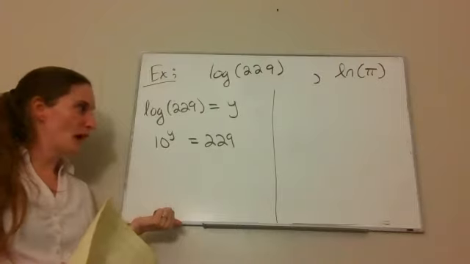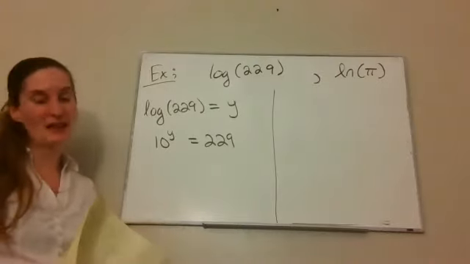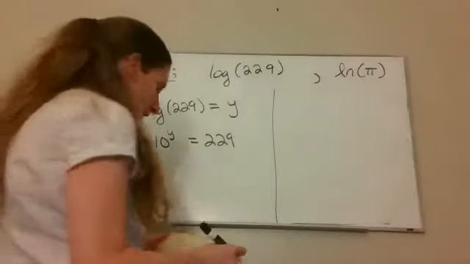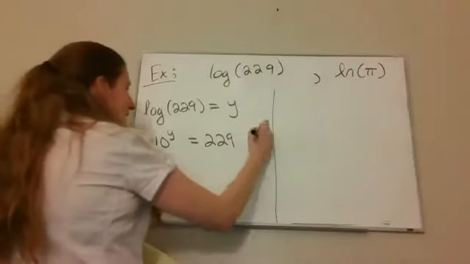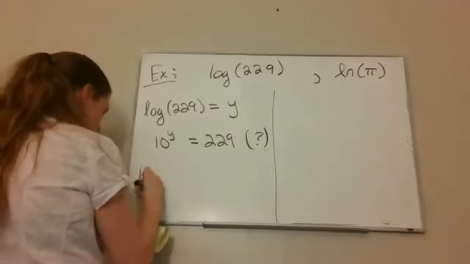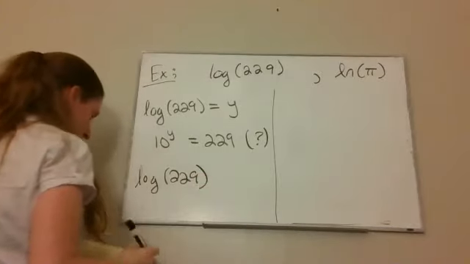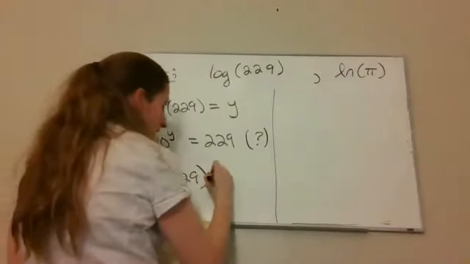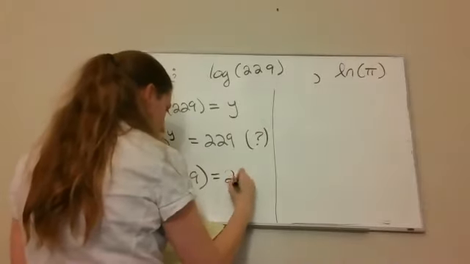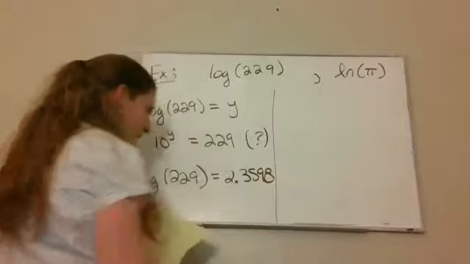So this y value is going to be something between 2 and 3, but that's about as good as I can get without a calculator. So since I can't do this, we would just have to type into our calculators log of 229. And we know it should be a number between 2 and 3. And actually, to 4 decimal places, I get 2.3598.